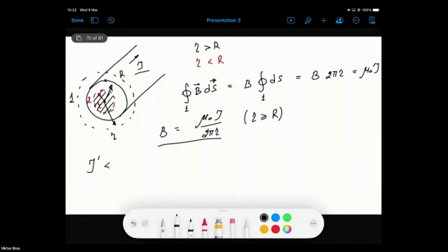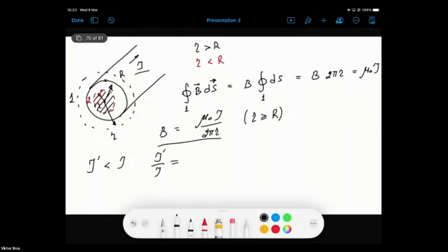And obviously it will be smaller than total current I. And we can write that the ratio I prime divided by I will be equal to the ratio of the areas of the surface of the closed path number 2 and the total cross section of the wire, assuming that the current density is uniform and current is uniformly distributed all over the cross section.